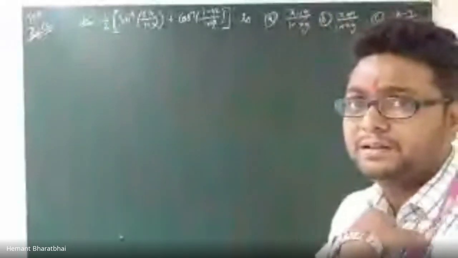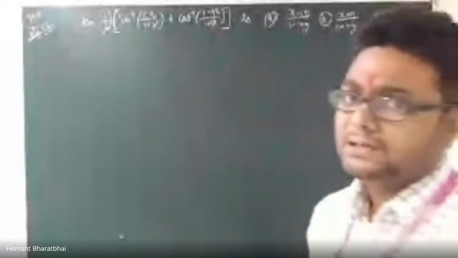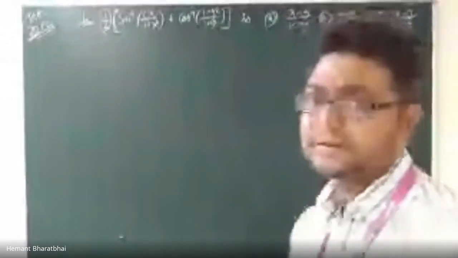The option tells you that you should get tan inverse somehow and you should be in a position to move 1 by 2. Then only you will be able to cancel tan inverse. This also should not be there, and both sin inverse and cos inverse should somehow get converted into tan inverse. Then only tan and tan inverse will get cancelled and you can get this kind of a thing.